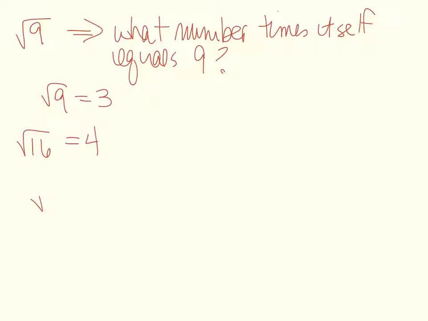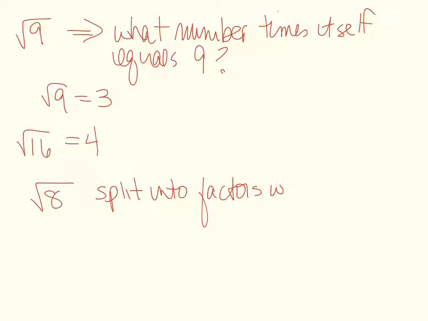But when we get into something a little more difficult, like square root of 8, that's when we have a little more work to do. What we need to do is split this one into factors where one is a perfect square.